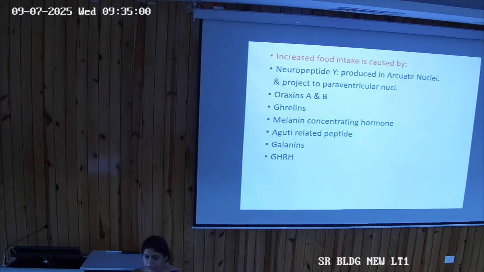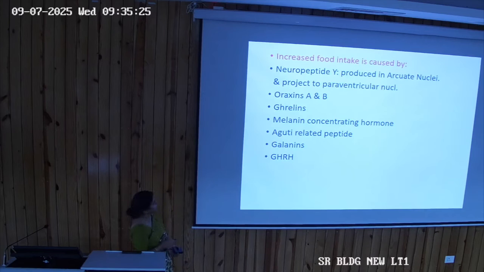So when you are writing an answer in your exam, it is not acceptable to write a simple sentence that hypothalamus regulates hunger. But how, and which nucleus regulates? You have to mention the name of the nucleus or the region which is responsible for hunger or satiety or whatever the function is.